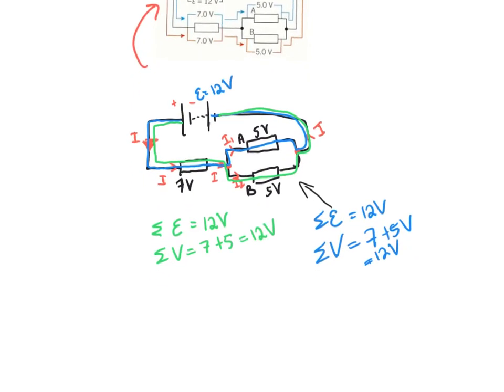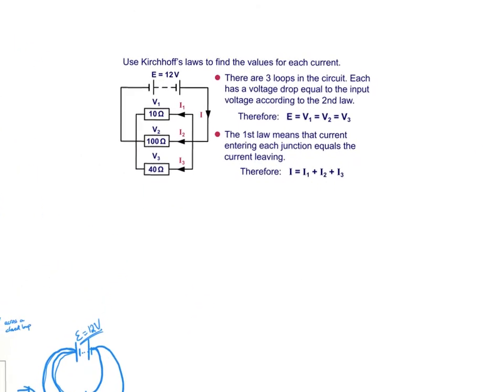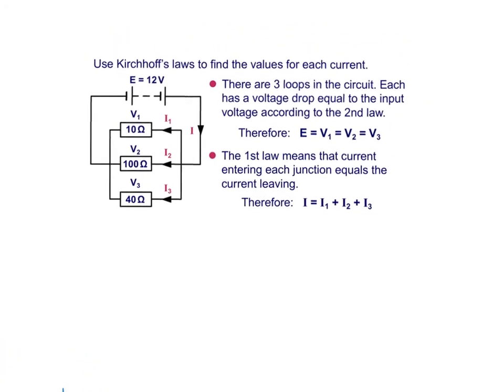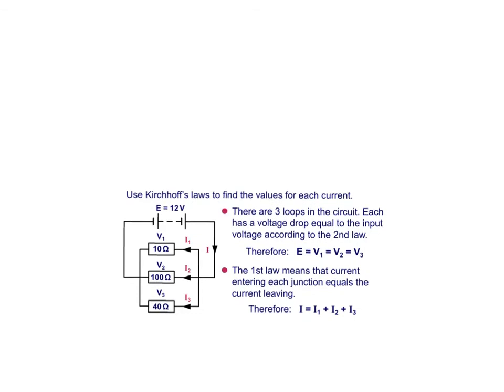These are just simple examples going through it. It's not an actual question, so we will be looking at it in more depth. I thought I'd go through this one. Before I go through this one, just a quick recap. We have Kirchhoff's first law to always remember.